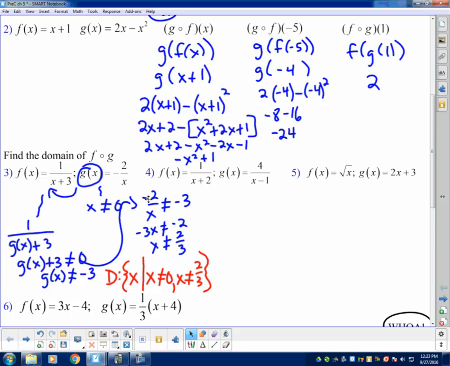So you'd go negative infinity up to 0, union 0 to 2/3, union 2/3 to infinity. But I just wanted you to see that in the textbook they're going to do it this way, and in my solutions, any of them associated with the textbook, I have it written out. Okay? You've got to be able to read both. All right. What about this one right here, number 4?